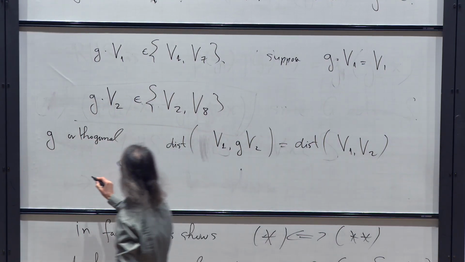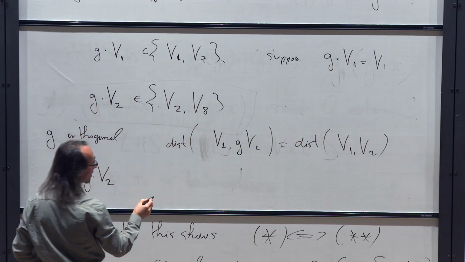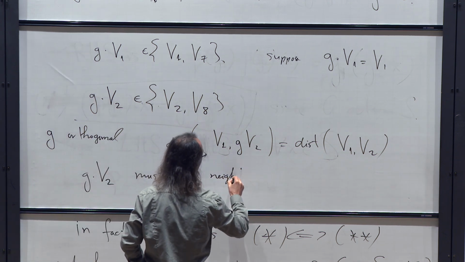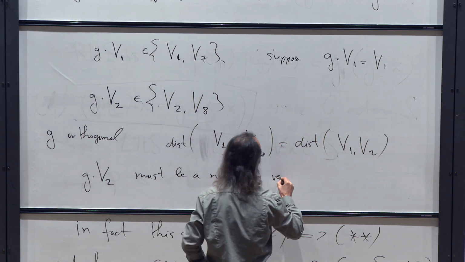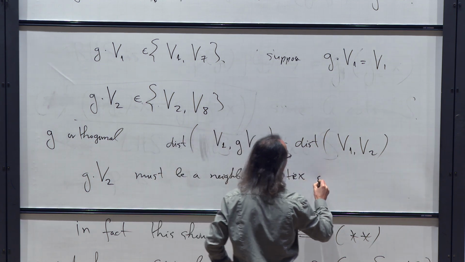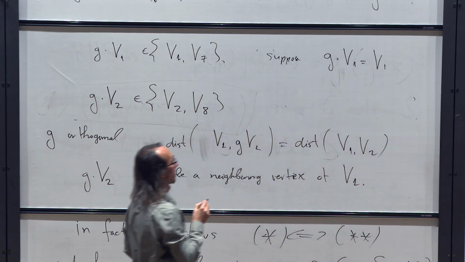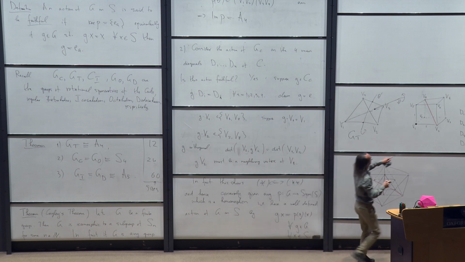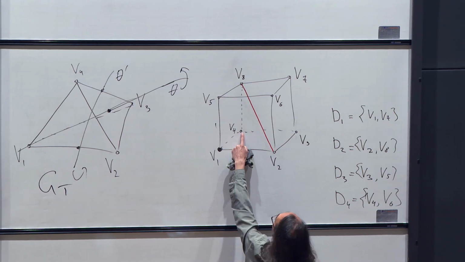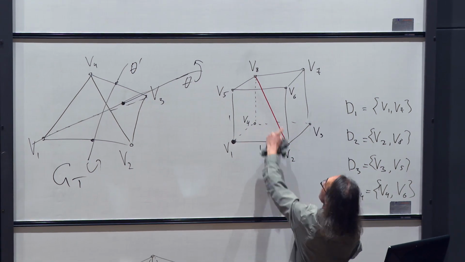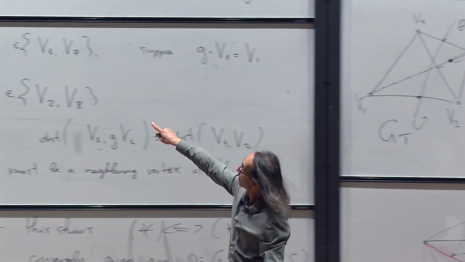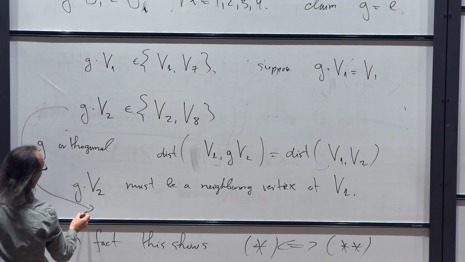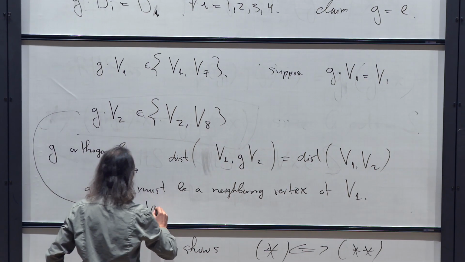So therefore G of v2 must be a neighboring vertex of v1. So it's one of the 3 neighboring vertices, v2, v4, or v5. But it must be either v2 or v8, and v8 is not a neighbor, right? So these 2 together imply that actually G fixes v2 as well.